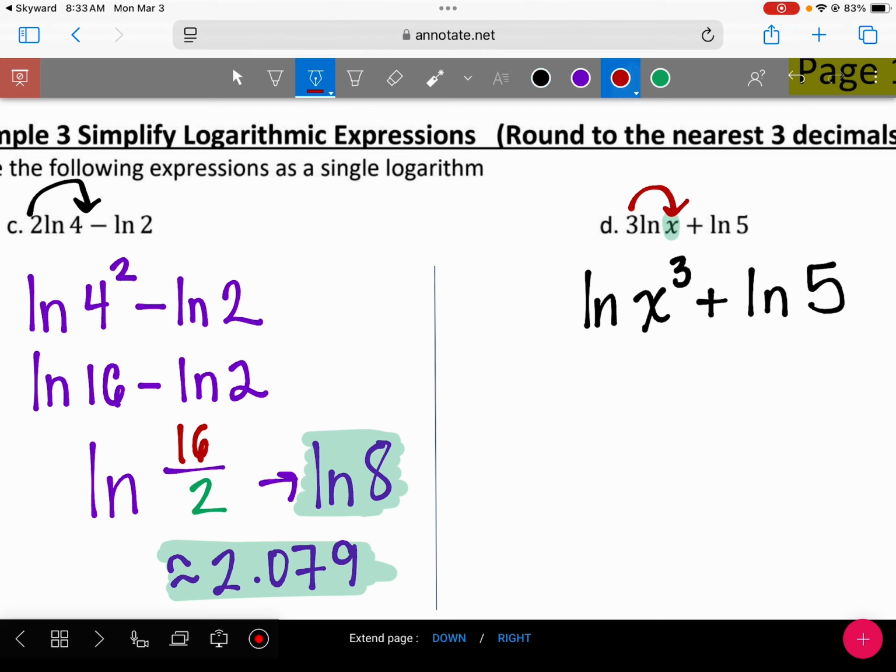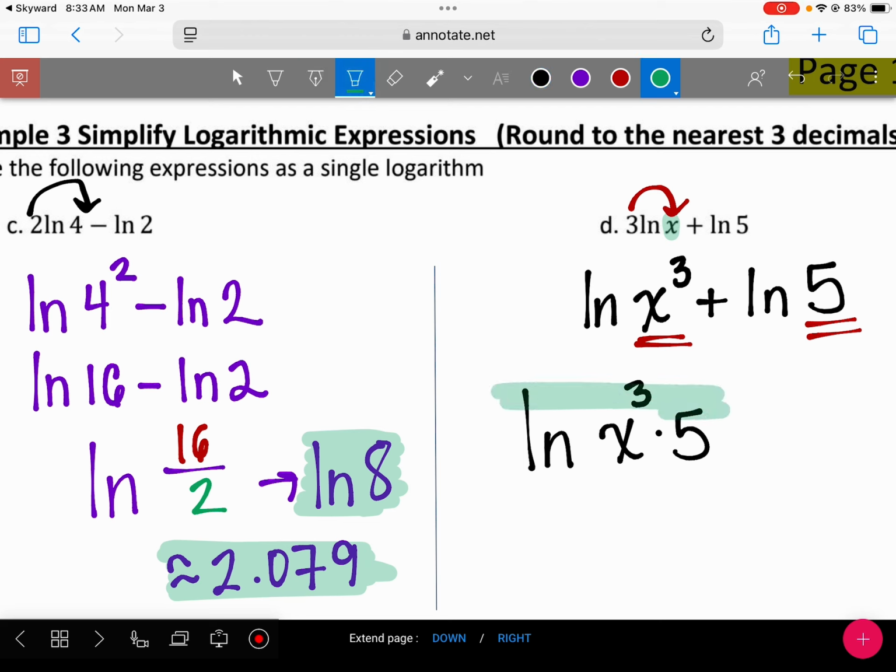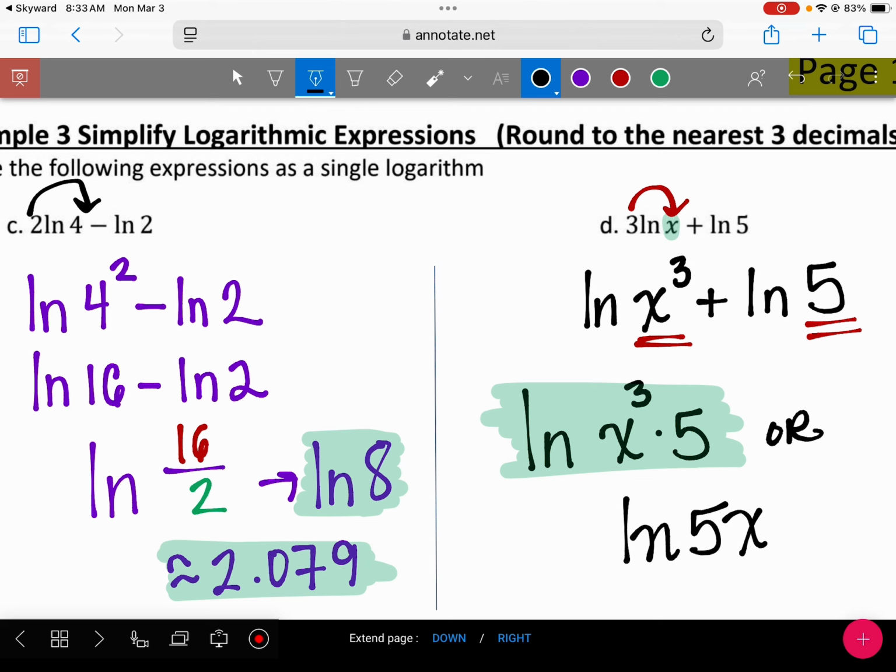Multiplication. So these two are multiplied together. So that becomes the natural log of x cubed times 5. Now, although there is nothing wrong with this answer, generally, whenever you're multiplying, the number should come first. So the best way to write this, especially for my seniors going off to maybe some college, is to always put your number in front. So this will go here. This is the best answer, but they're both correct.